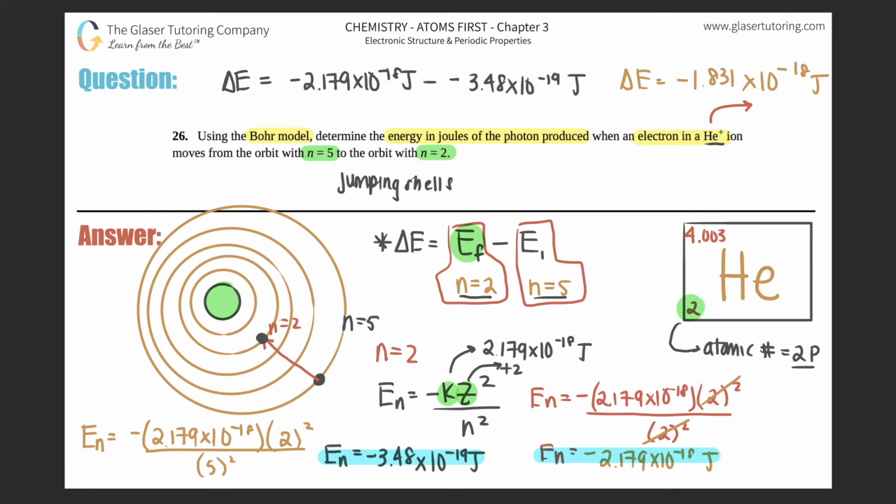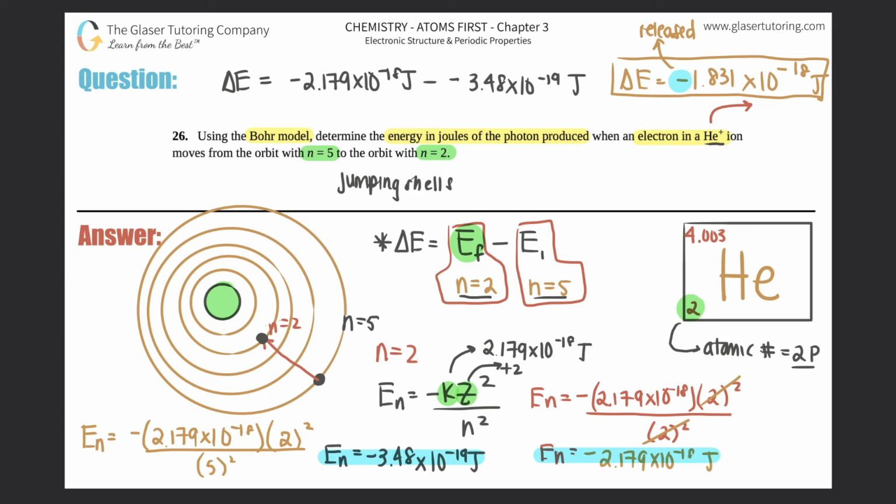Now, hold up. Box this answer off. This is the answer, right? But we just have to be careful with the wording. Remember, the calculator doesn't understand what the context is. It'll just give you a negative or a positive. This negative represents that energy was released or lost during this process. And that always happens.